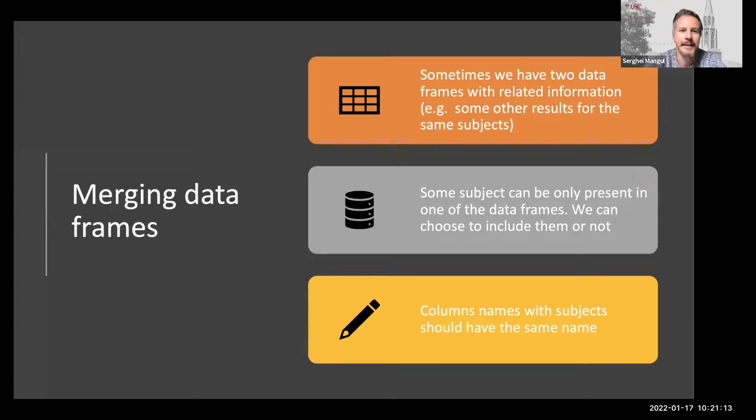Let's say you have some patients and then one doctor made a table, you took it, or some institution, and then another institution was responsible for something else. So you got multiple tables. Now, okay, that's not a problem. I will just concatenate them, like glue them together.